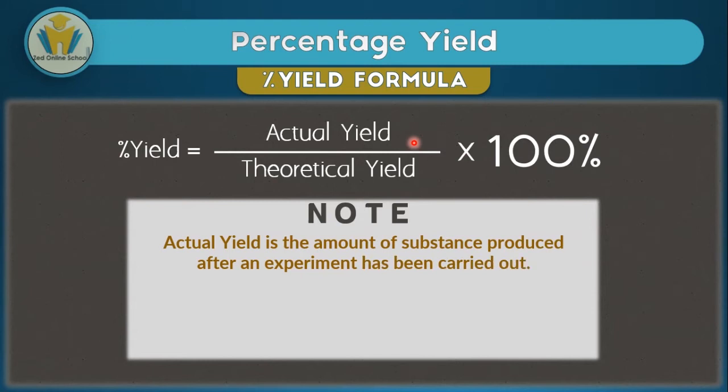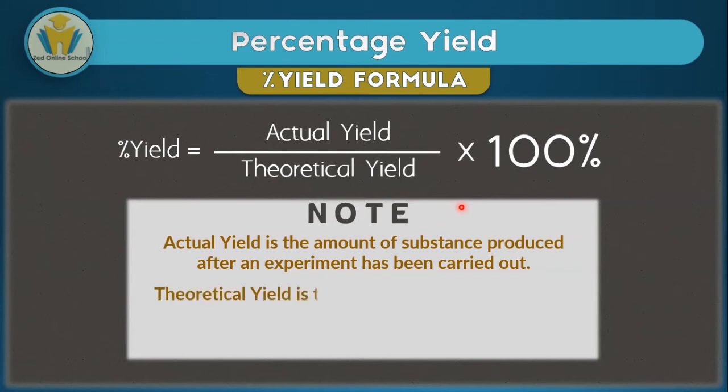In a chemical reaction, the actual yield is the amount of substance produced after an experiment has been carried out. So it's the yield physically. What you yield as you are seeing and performing the chemical experiment is the actual yield. Just like we had the actual moles, which are the exact moles that were provided in the experiment, even here, the actual yield is the yield you get from the experiment.